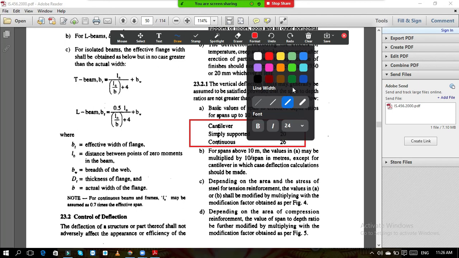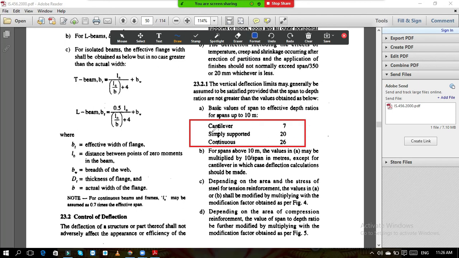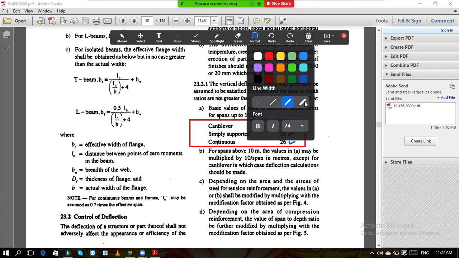Here for simply supported it is 20, for continuous it is 26. Now I will show you the 5 panel slab in a line diagram, so that you will understand.